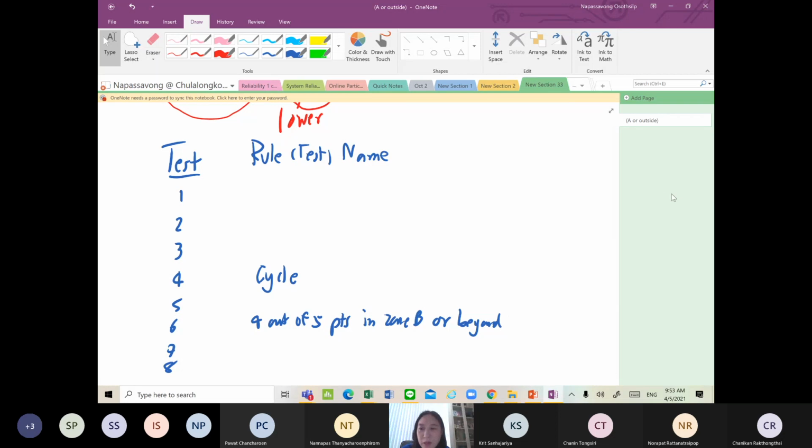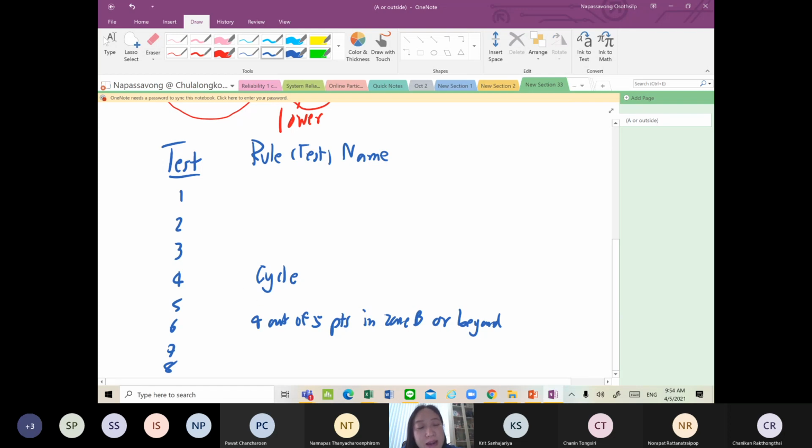What is rule number 5? And everybody please remember, so that we can do the workshop very quickly if we can remember the rule names.